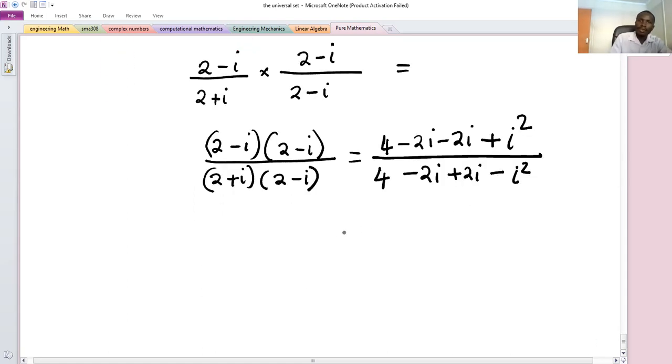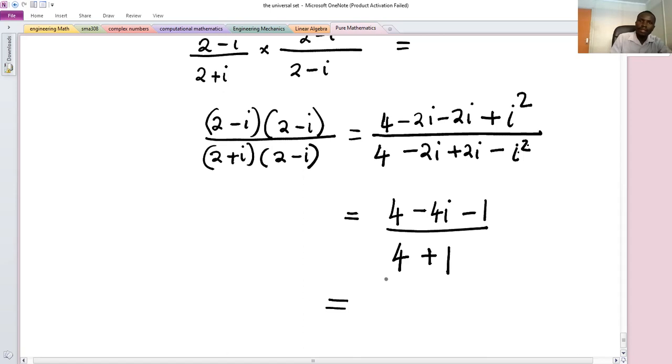Now, next we'll have 4 minus 2i minus 2i is minus 4i, but i squared is negative 1. In the denominator, 4 minus 2i plus 2i is 0. i squared is minus 1, so minus minus 1 is plus 1.